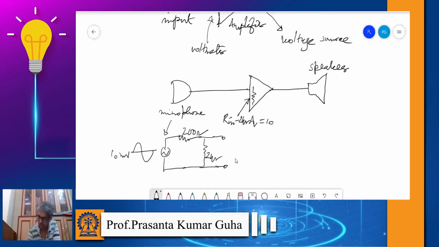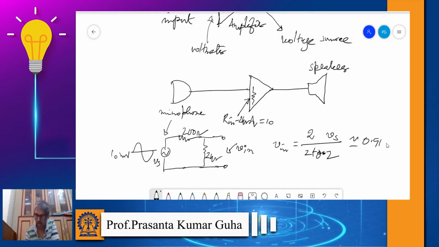So the voltage you will get at the input of the amplifier, say this is my Vs and this is my V in of the amplifier, so V in will be equal to, right, so that's around 0.91.